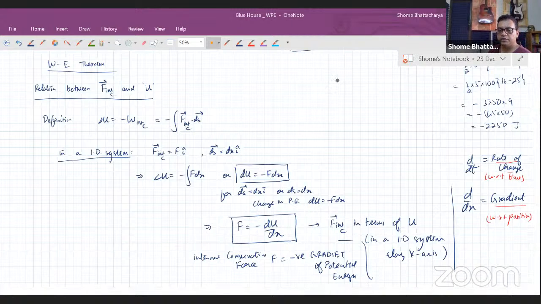Yes, I have explained gradient over here. This operator is called gradient. Differentiation with respect to x, that operator is called gradient.